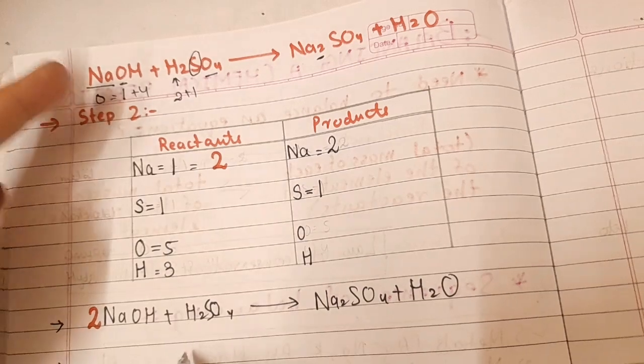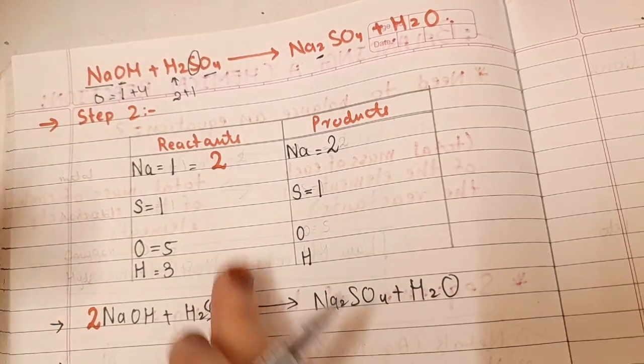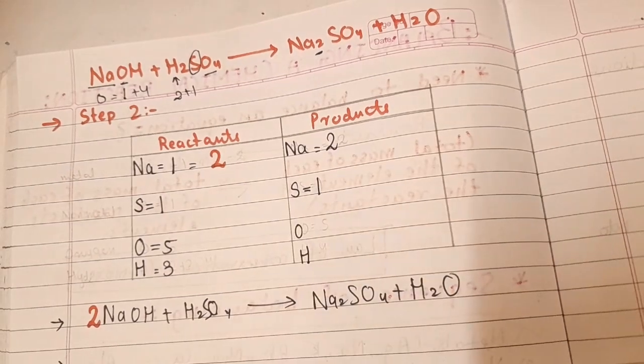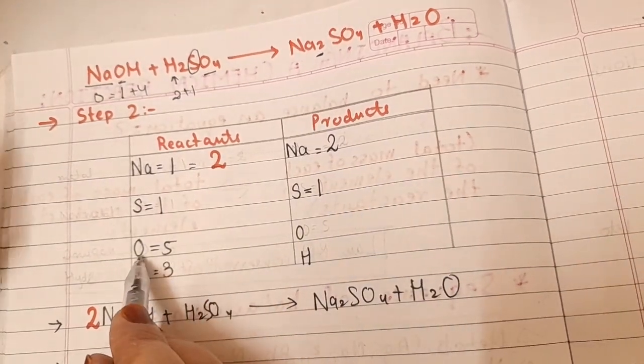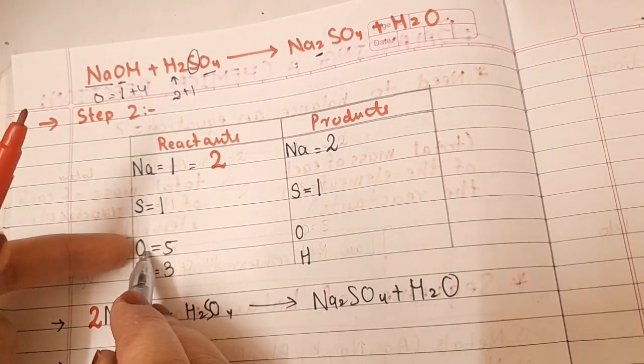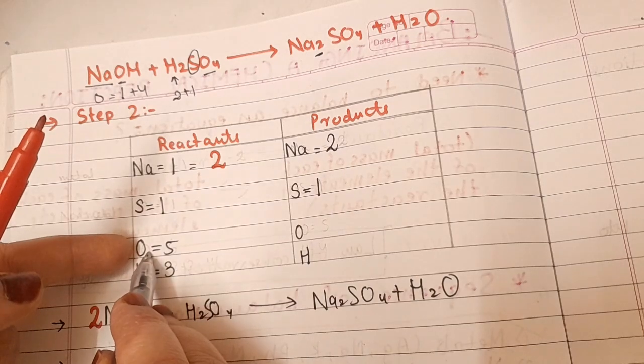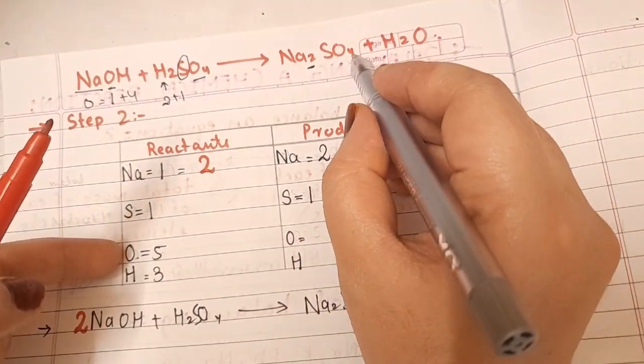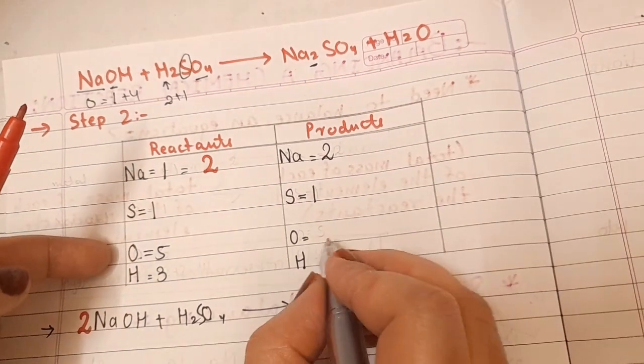Now next we will look for the sulfur. Sulfur is balanced, here 1 and the product side is also 1 element. Now next we will look for the oxygen. Oxygen on the reactant side initially is 5, 4 plus 1, and on the product side we had 4 plus 1, 5 elements.